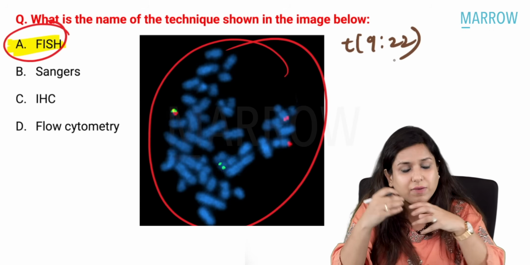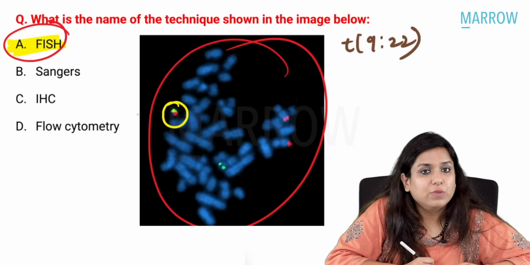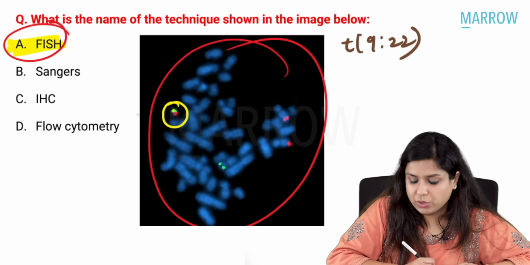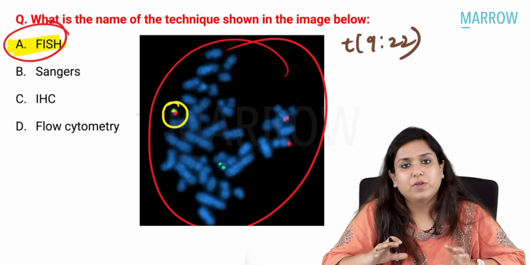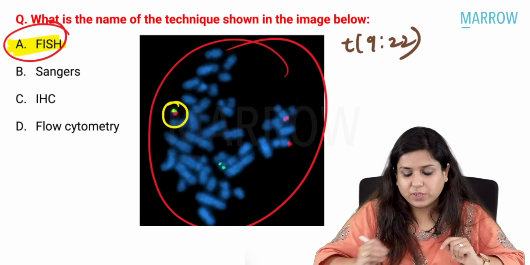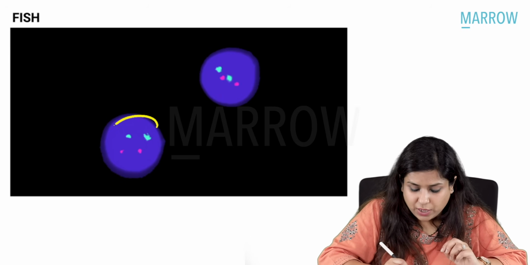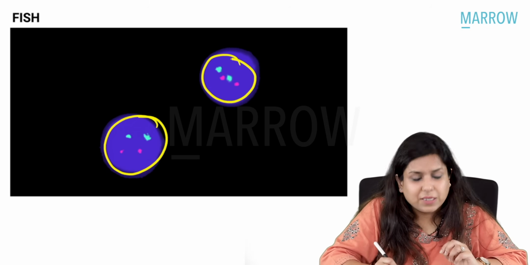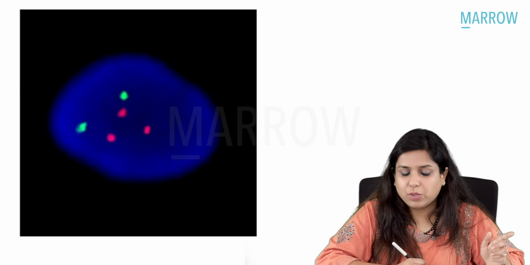If they are fusing with each other, for example, in this image, can you see red and green signal fusing with each other? That means there is translocation, right? So, whenever you see this kind of phenomenon, it is translocation. And which technique is this? It is fluorescent in situ hybridization. This is the normal FISH in which you see 2 red signals and 2 green signals, right? Normal FISH. I have already told you translocation.